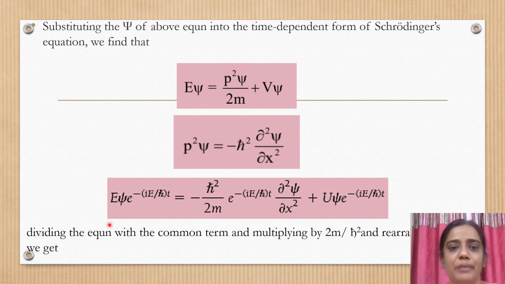Therefore the equation becomes E psi e power minus iE by h cross into t is equal to minus, put the value of p squared psi here. So it is minus h cross squared by 2m e power minus iE by h cross into t dou squared psi by dou x squared plus the potential energy term U or V psi e power minus iE by h cross into t.